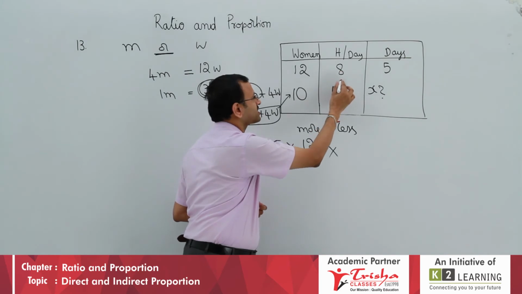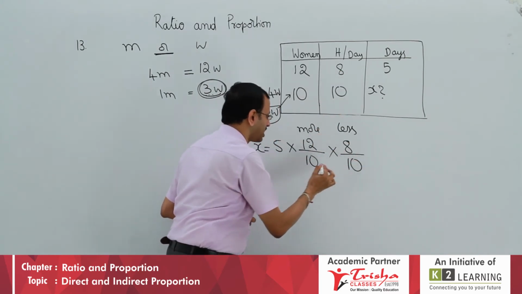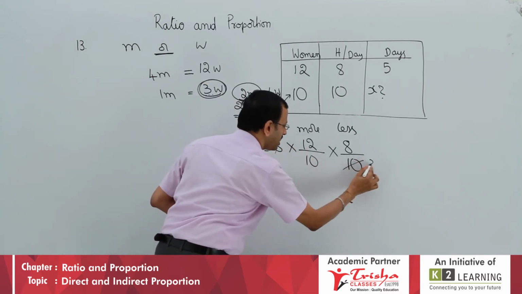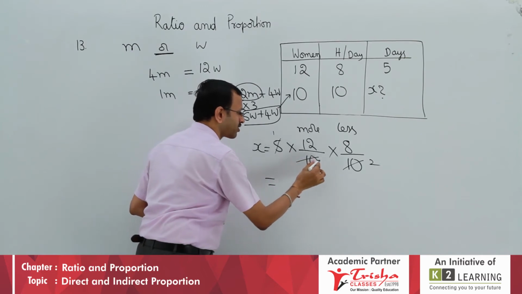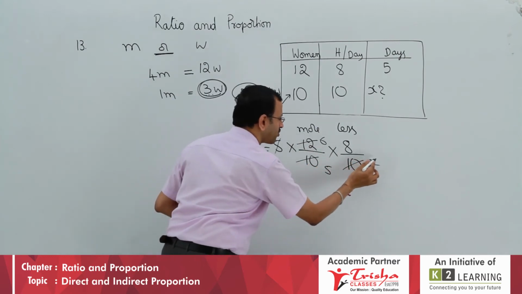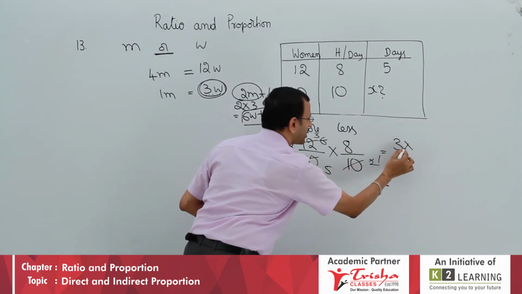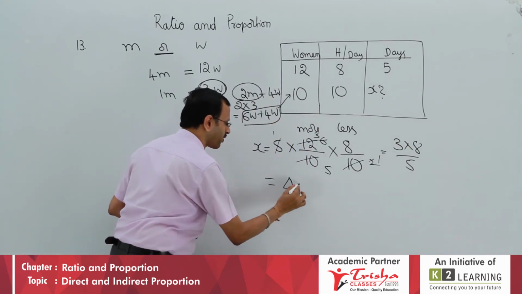Less is, which is less in these two? 8 upon 10. If you simplify this, 5 ones are 5, 5 twos are 10, 2 6s are 12, 2 1s are 2, 3 8s are 24, so 3 into 8, 24 by 5. 24 by 5 is 4.8.